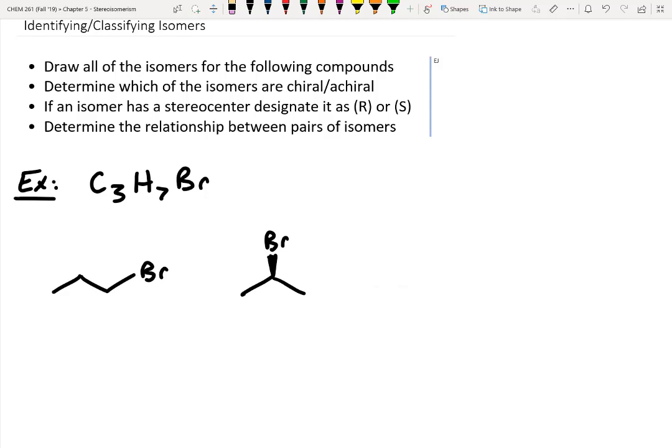All right, second question. Which of these isomers are chiral or achiral? Let's pick this first one. Is this chiral or achiral? Achiral. There's not even a stereocenter. All right, what about this one over here? Is this chiral? No, there's not a stereocenter in it. So even though I drew a wedge, that doesn't mean that there's a stereocenter.